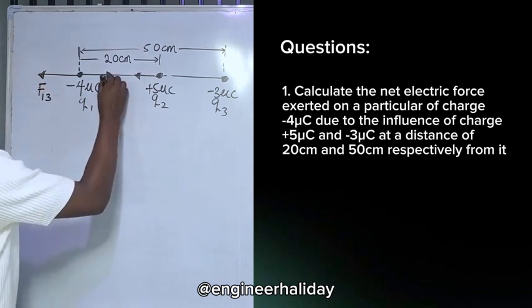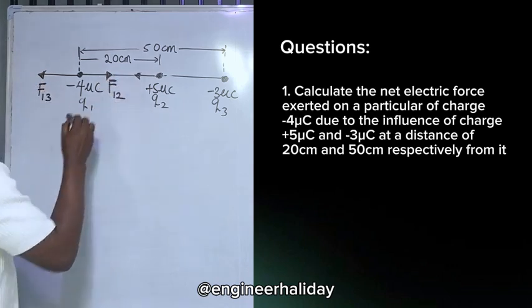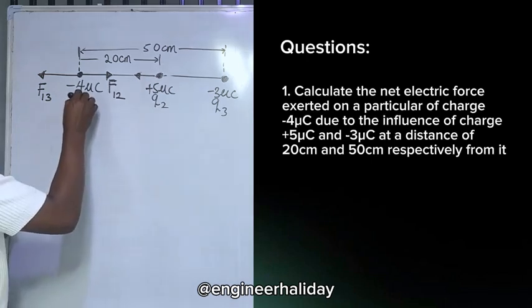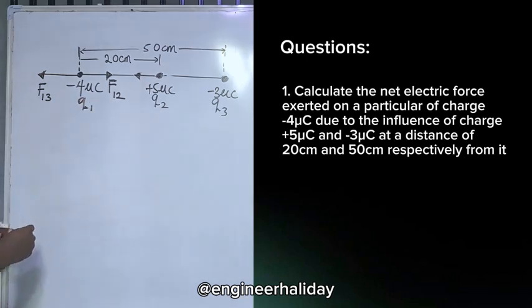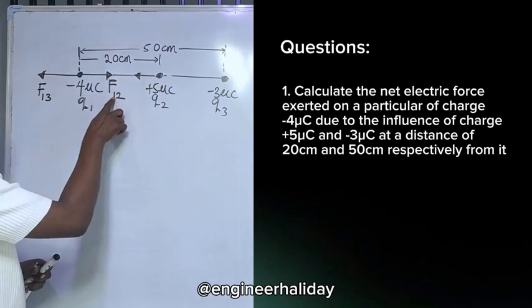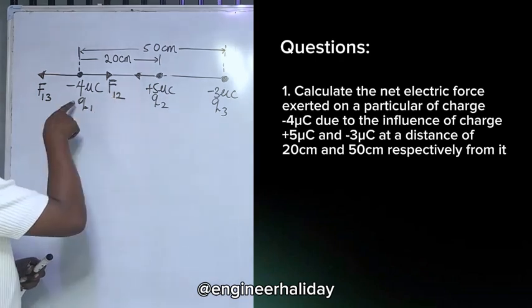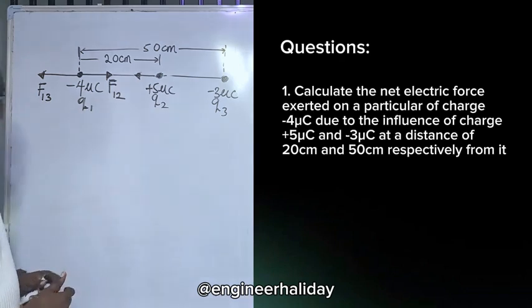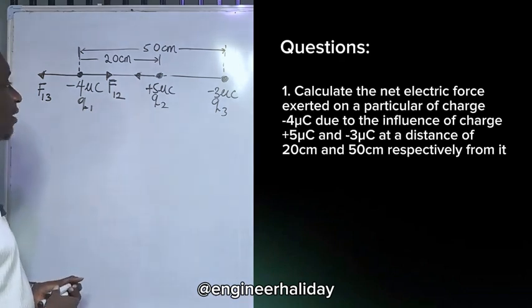So we have F12 and F13 on the charge Q1. Because they are moving in opposite directions, the question you ask yourself next is, F12, the force of 2 on 1, and F13, the force of 3 on 1, which of them is bigger or higher?